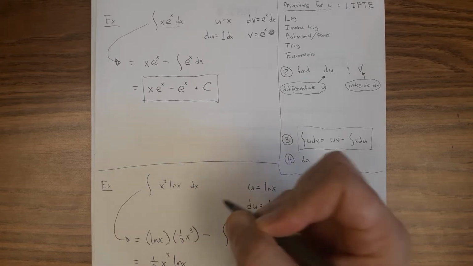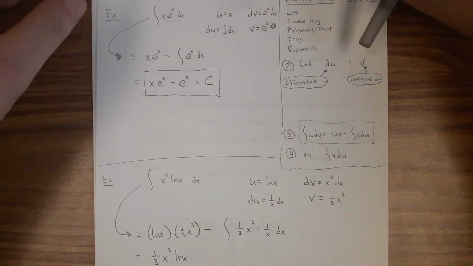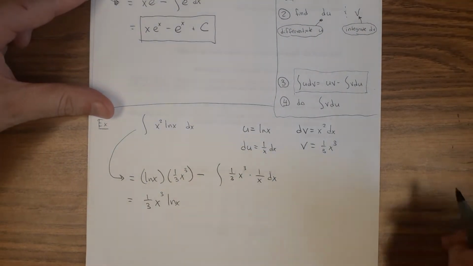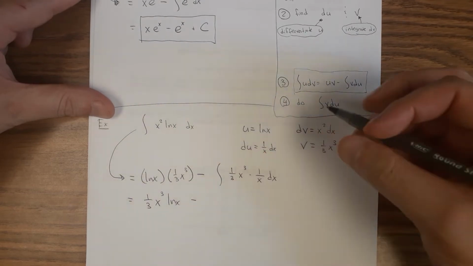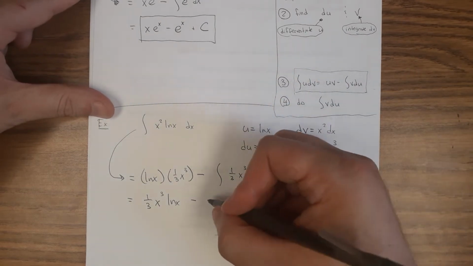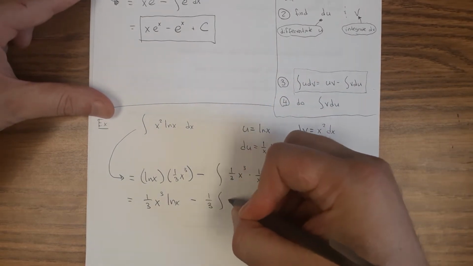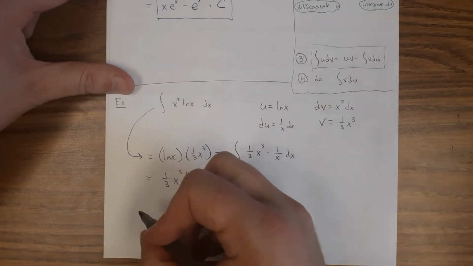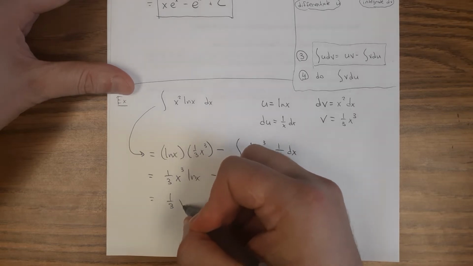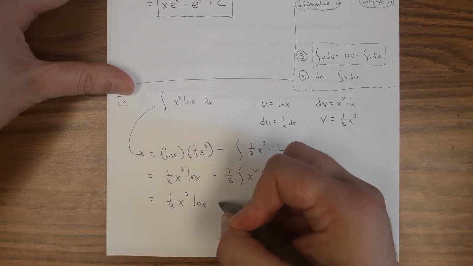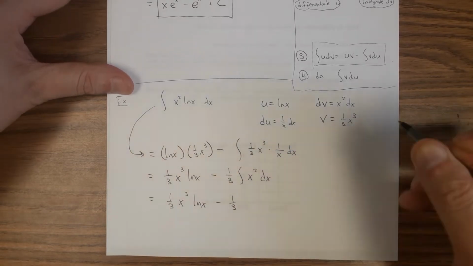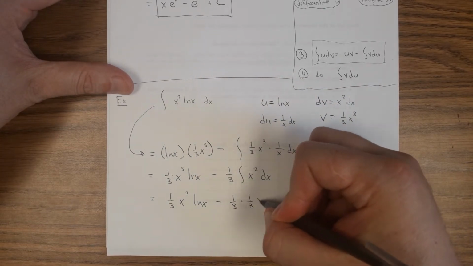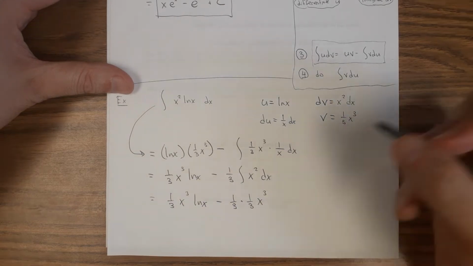Let me write this first part. Whoops, I'm a little bit off camera here. So I wrote the first part this way, and then I won't try to do too much at once. Let me just pull the 1/3 out and call this x squared. Like that. And then I've got a 1/3, and then I'm going to have another 1/3 x cubed.